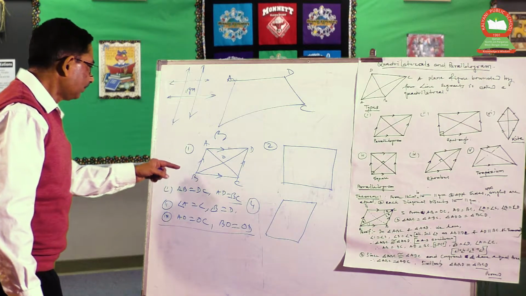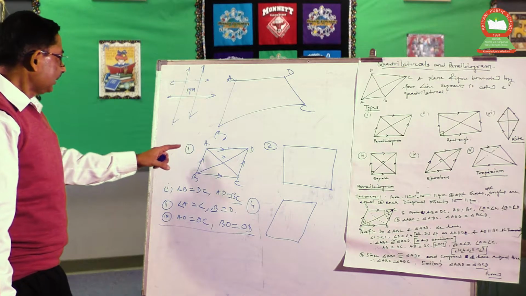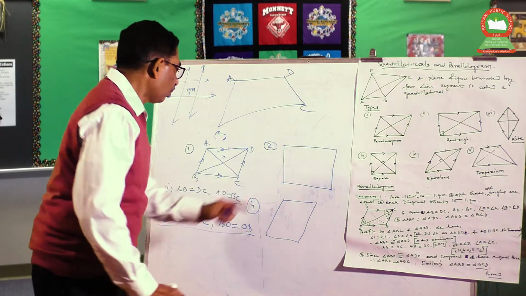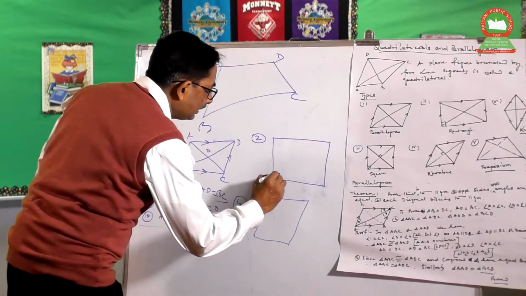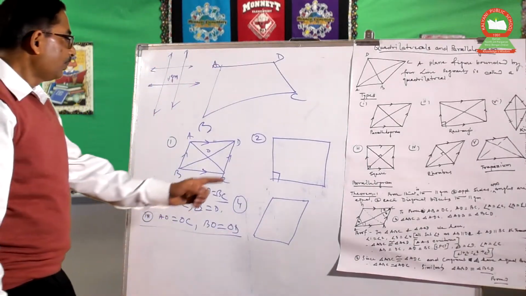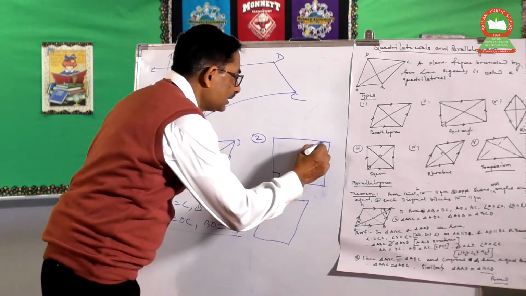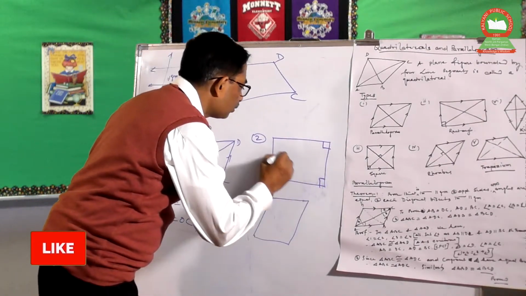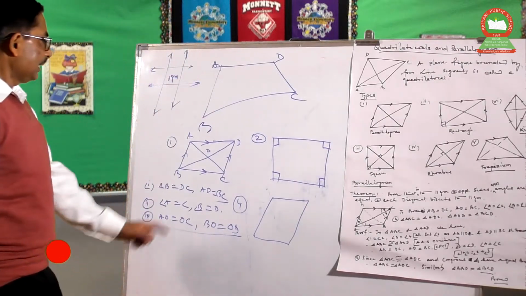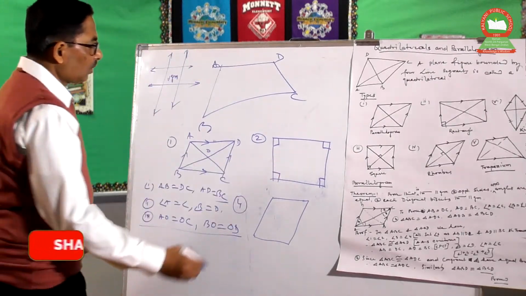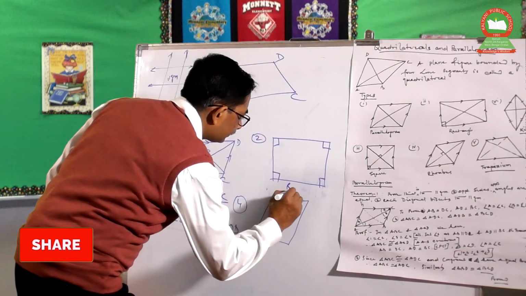If this parallelogram has one angle of 90 degrees, then the opposite angle is also 90, and all angles will be 90 degrees. So this type of parallelogram is called a rectangle.